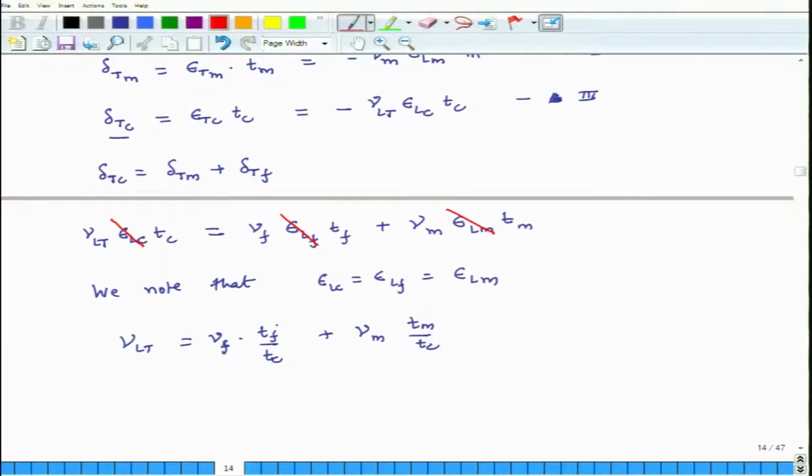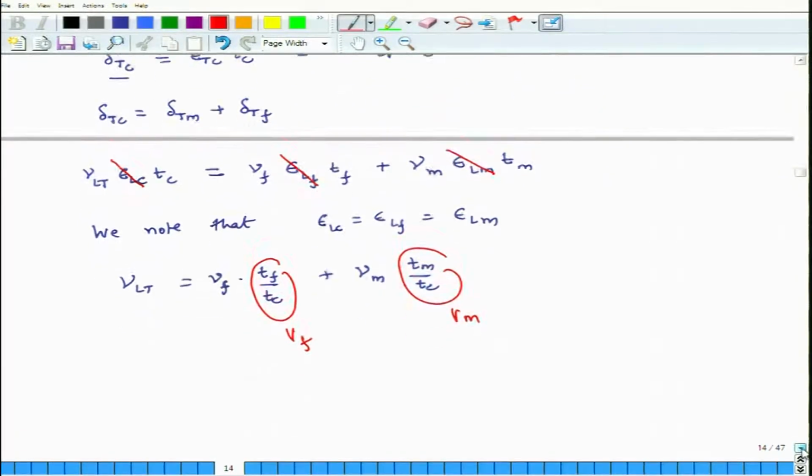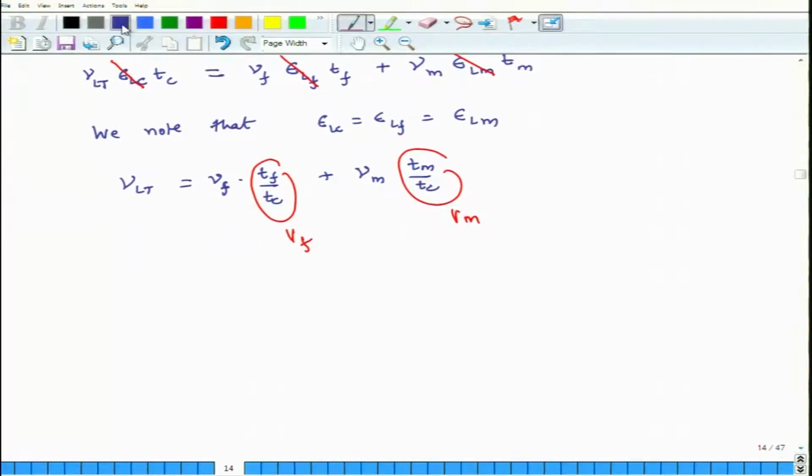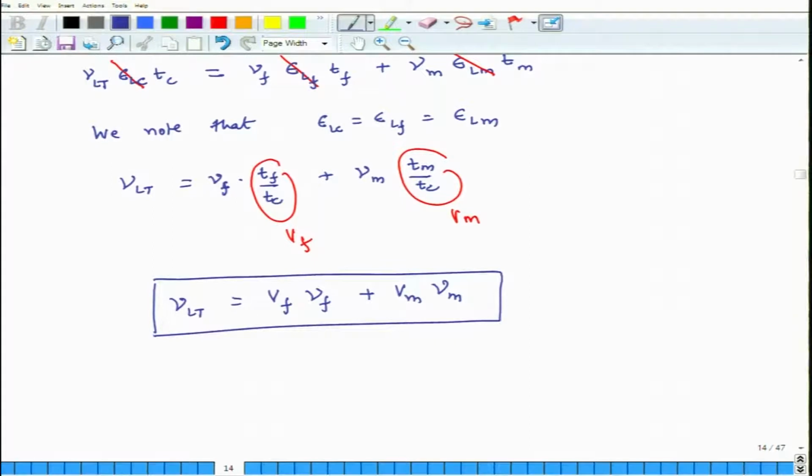and these terms, so this is volume fraction of fiber, this is volume fraction of matrix. So, what I end up with is nu L t equals V f nu f plus V m nu m. Okay. So, this is how I can compute Poisson's ratio in the L t direction.